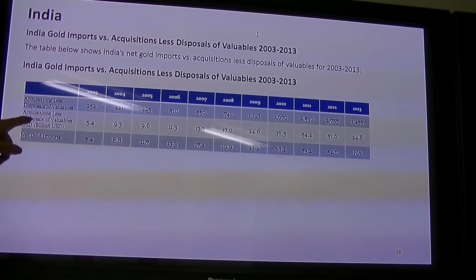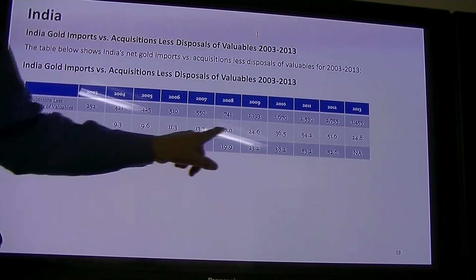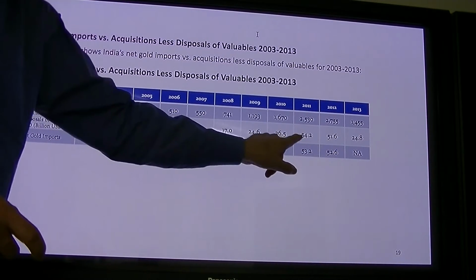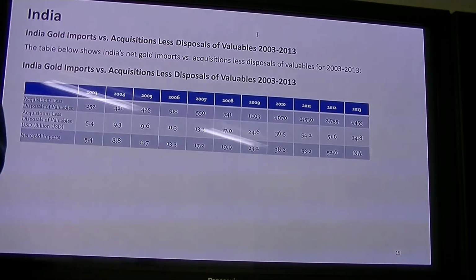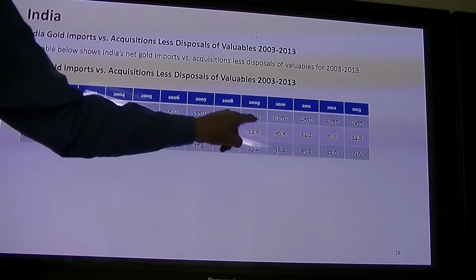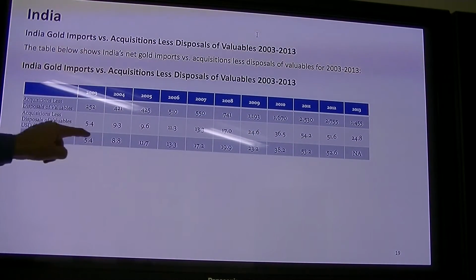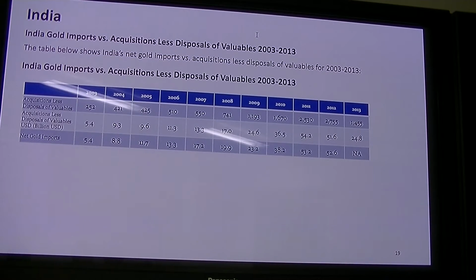Here's acquisitions less disposal of valuables in billion US dollars. I converted it to billion US dollars, and here's net gold imports. It's all gold. It just confirmed that it was gold. The change is all just gold. So it confirmed that's exactly what it is. It's just gold purchase, and it's going up every year.